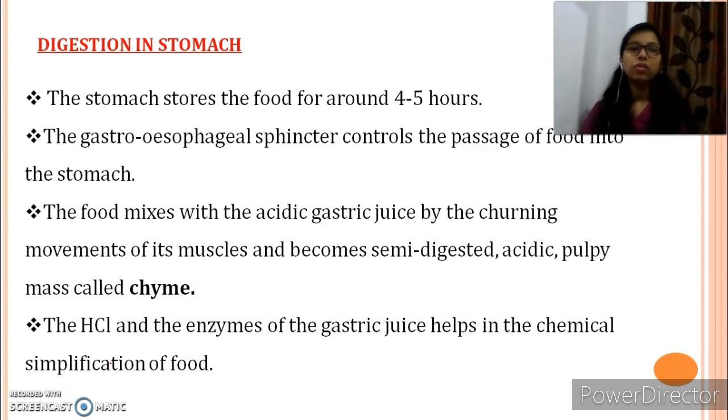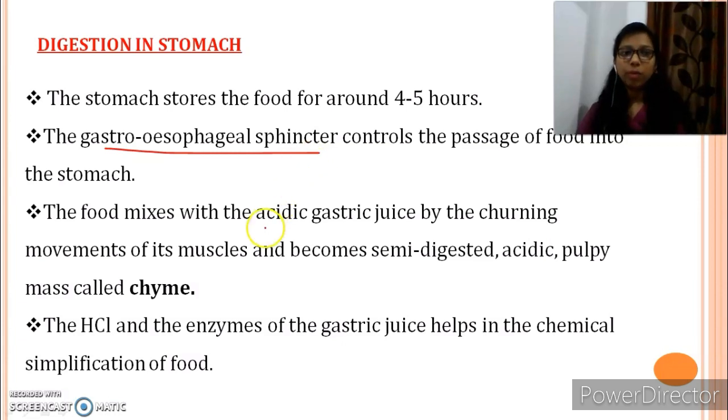In the stomach the food is stored for around 4 to 5 hours. We know the gastroesophageal sphincter controls the passage of food into the stomach from the esophagus.